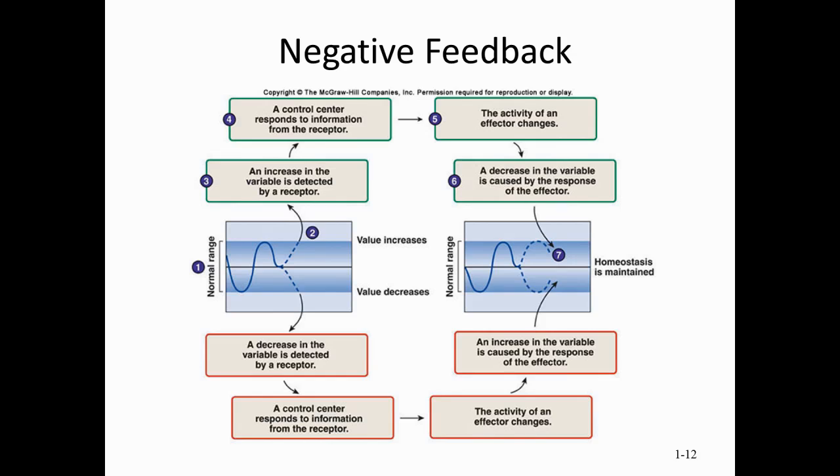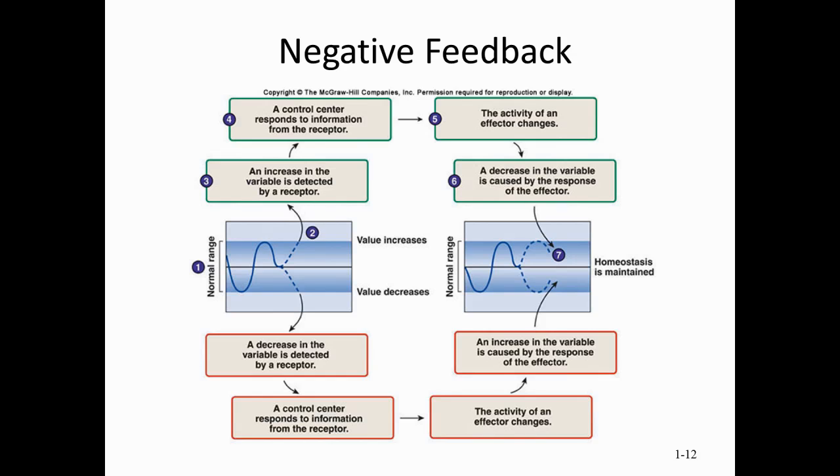That's where the negative feedback comes in, because once it gets the feedback that yes, we're at the correct temperature, then it sends that signal and says, okay, stop. We're at the temperature we need to be. So that's how it gets its name.